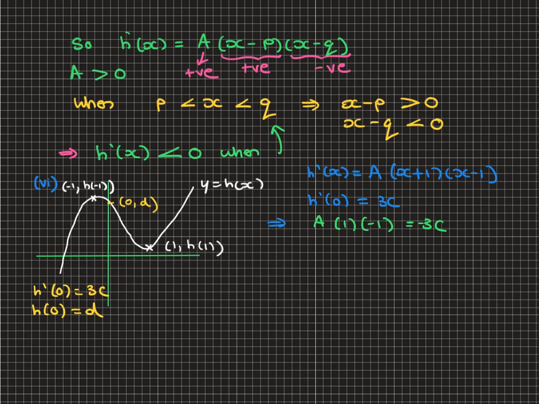Sorry, h dash 0 is -3c. That should have been made more clear earlier on. So that then gives me -a equals -3c, so a is equal to 3c. But earlier on, if you remember, we proved that a had to be greater than 0. So that tells us that c has got to be a positive number as well.